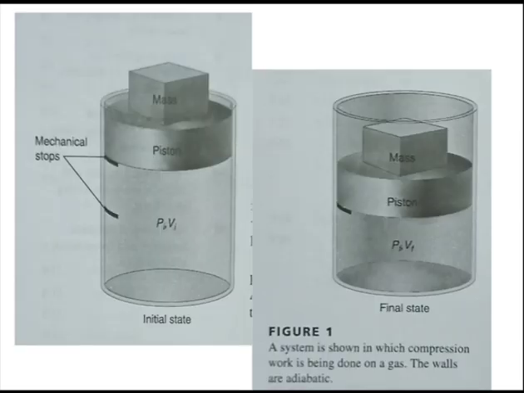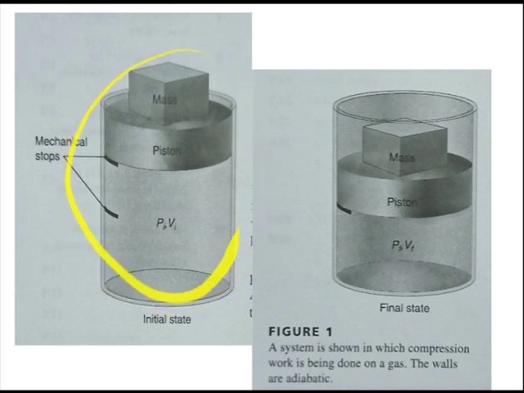Then this is the diagram again which shows the expansion and compression. So see, here is the first diagram where the pressure is initial pressure Pi, volume is Vi, and this piston, and on the piston there is a mass. When there is an expansion, obviously system does work on the surrounding.